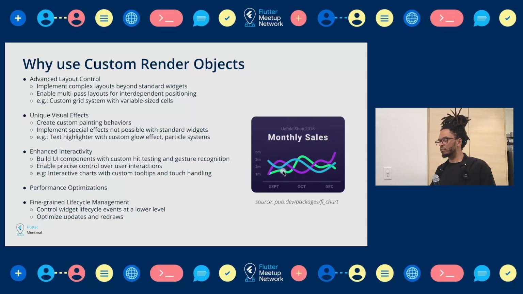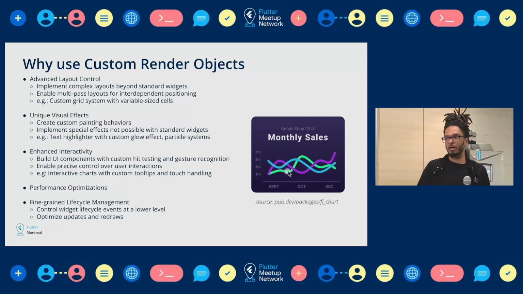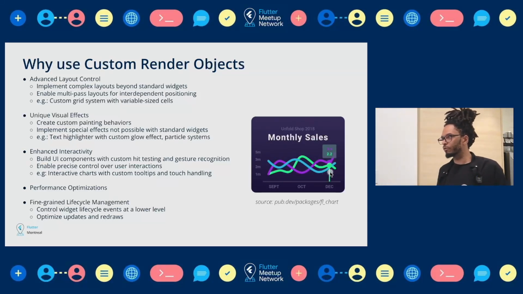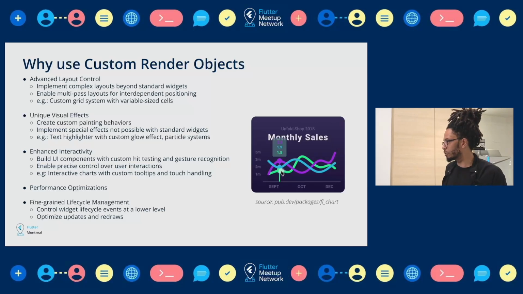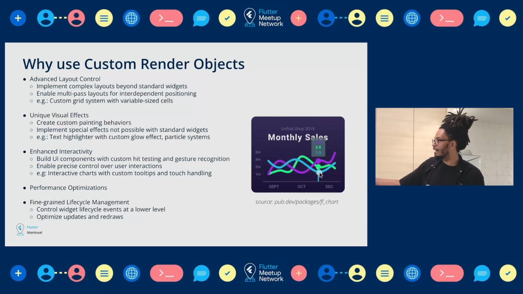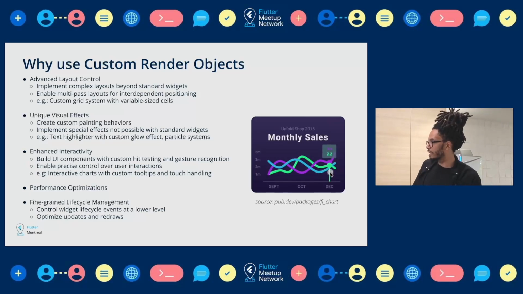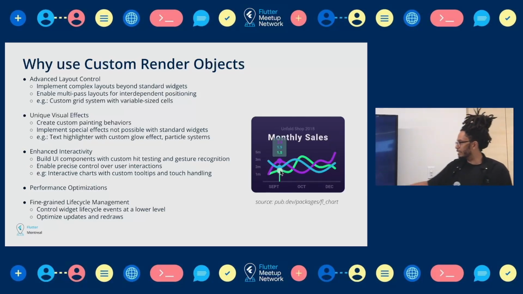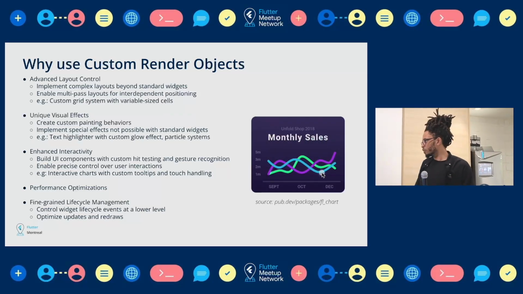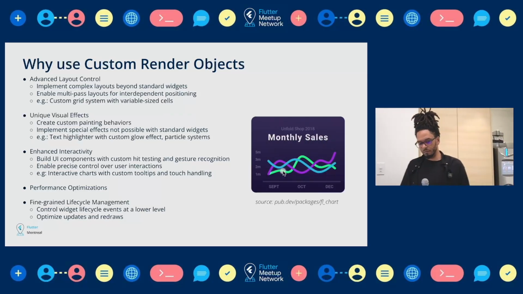Typically, something like this, you can't really accomplish out of the box with typical columns and rows and typical Flutter widgets that are available to you. And this is because you want to have custom hit testing. So you want to say, if I tap here, this happened. Well, this is a single widget. So this is one of the powerful things that you can do with custom render objects.